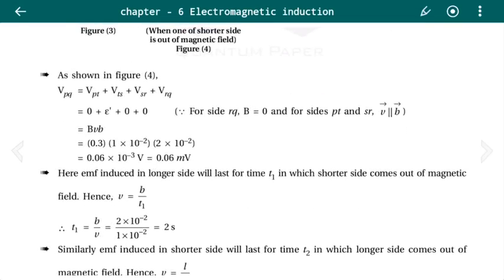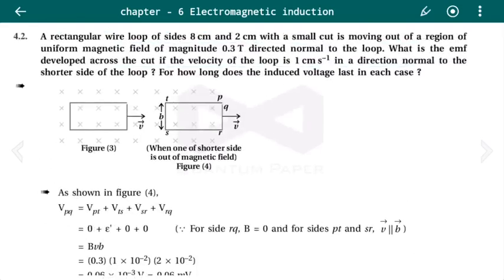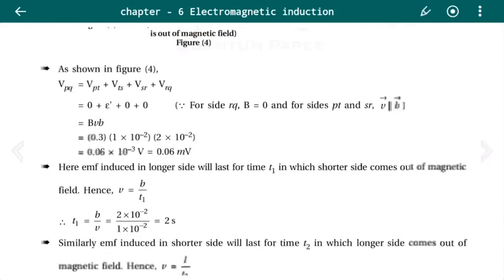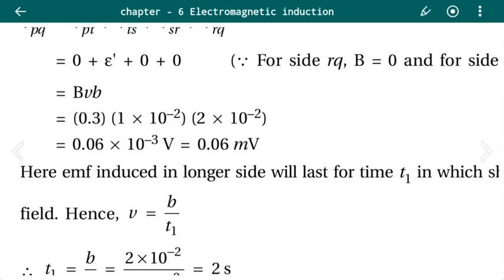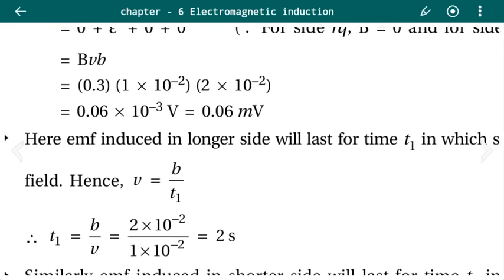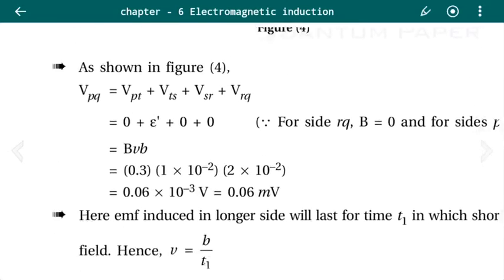So that is equal to BVL. But here the length is indicated as small b, so it is BV small b. Now putting the value of B, V and small b, we get the value as 0.06 into 10 raised to minus 3 volt, which can be written as 0.06 millivolt.